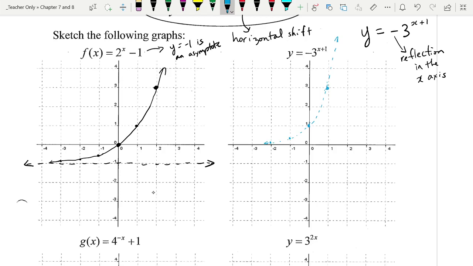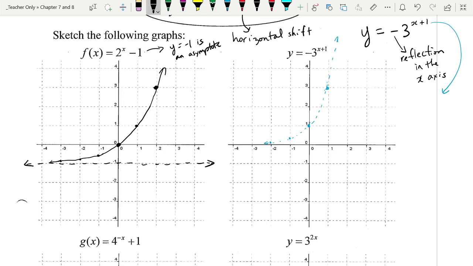And then, what does this +1 do? Oh, guess I should get off of blue. That's a C value. It's a plus. But remember the opposite rule? We haven't talked about this in a while. It's been a while since we graphed anything.